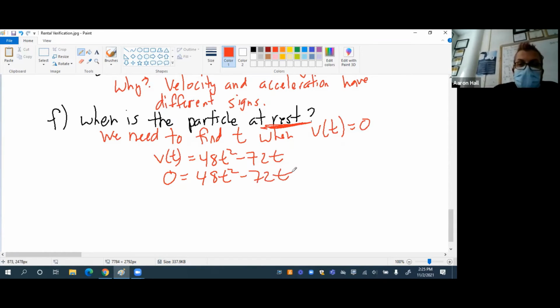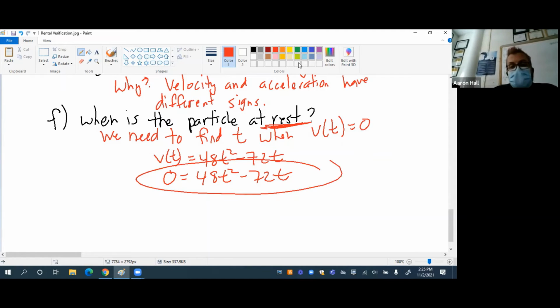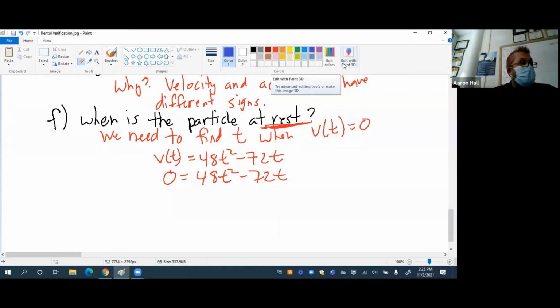The question is, how do we solve for that? Josh, any ideas? And it turns out we can. In fact, it looks like we could take out even as much as a 24.